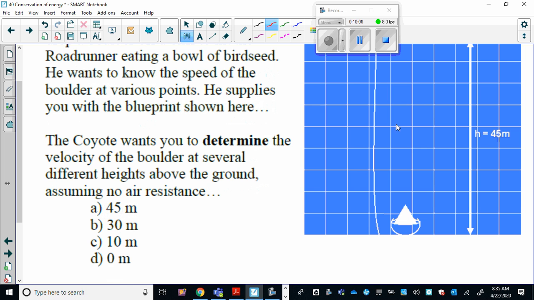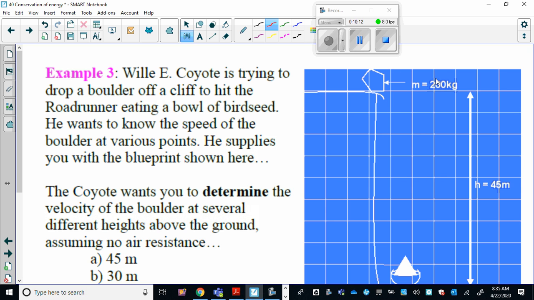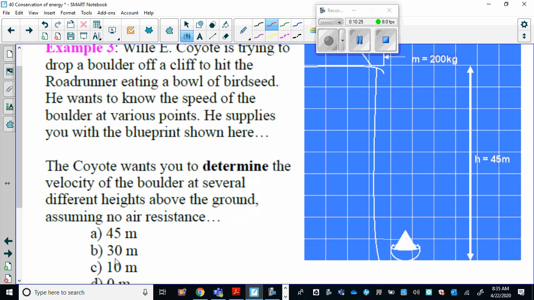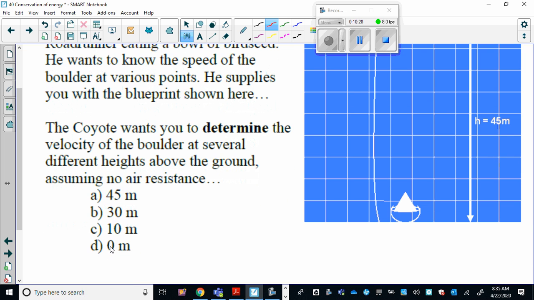And then at various points during its fall, and then at the bottom. So here the mass is 200 kilograms of this boulder, and it's going to fall to the bottom. It's going to fall a distance of 45 meters, and we want to calculate the velocity at 45 meters, at 30 meters, at 10 meters, and at 0 meters.